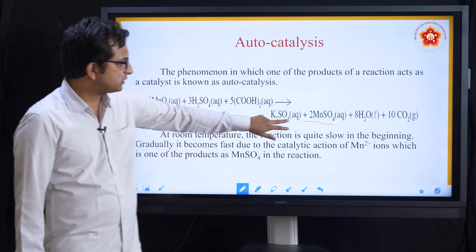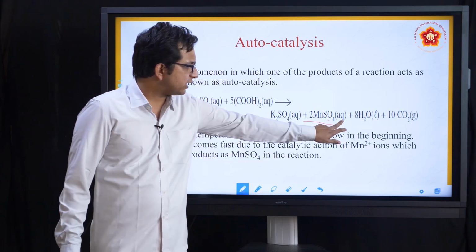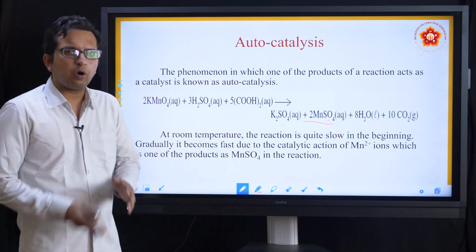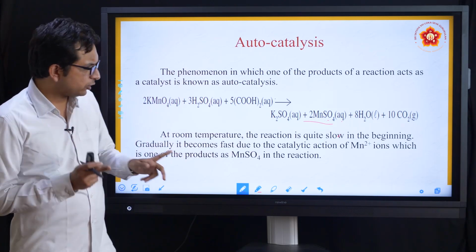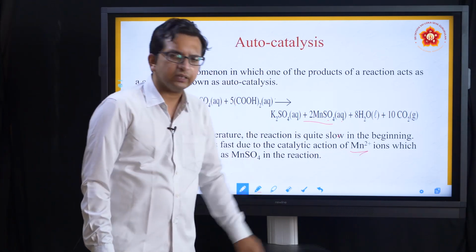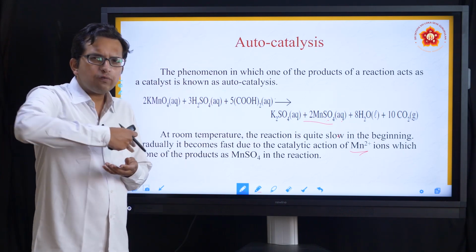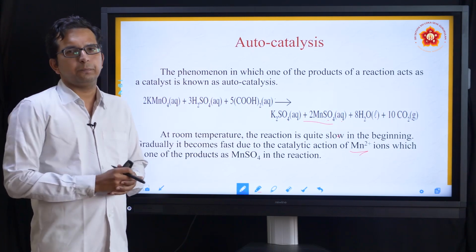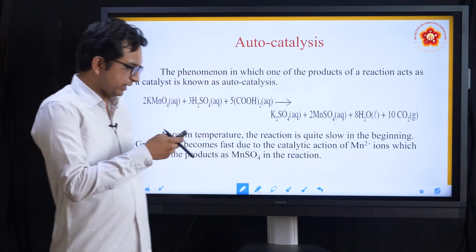It is not acting as a catalyst in its solid form, but since it is aqueous, we know very well that in aqua medium, water medium, they generally split into ions, and the ion which has been split, Mn2 plus, helps in catalyzing this reaction so that over a period of time it becomes pretty much faster. So this is about auto catalysis.